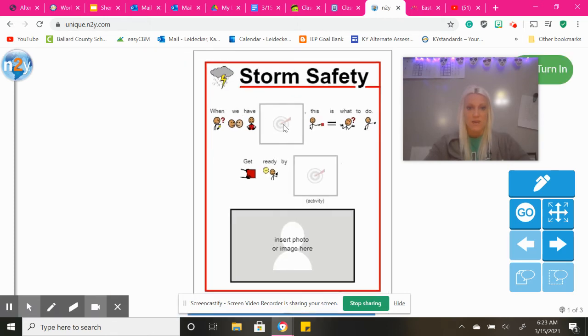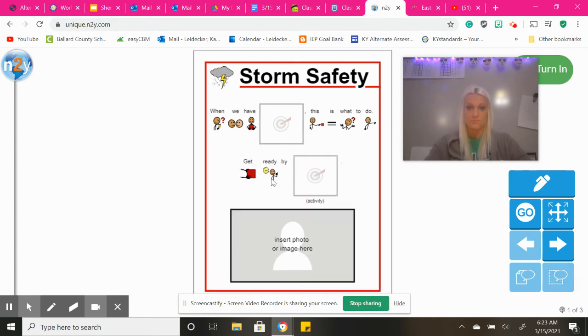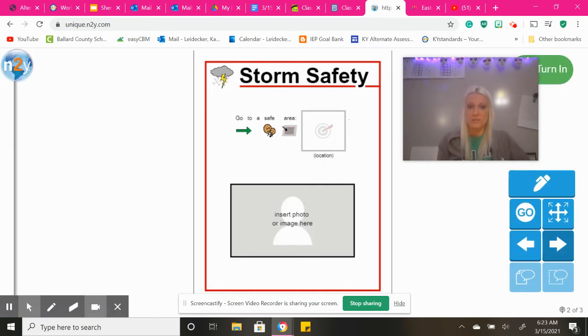So when we have one of these things, this is what we do. Knowing what to do when you are at home and at school is important. So how will you get ready? By completing those things when a storm is coming. Go to a safe area.